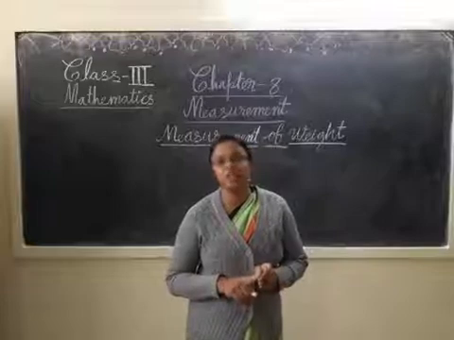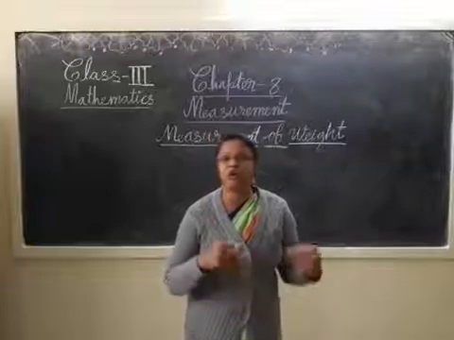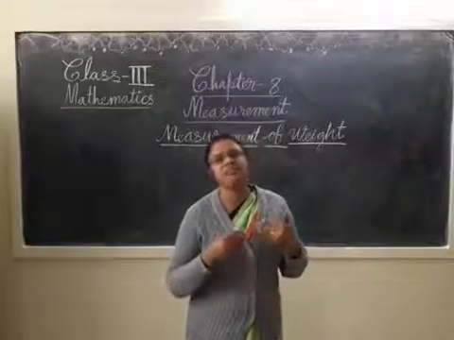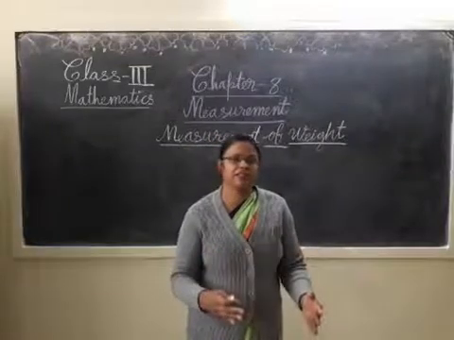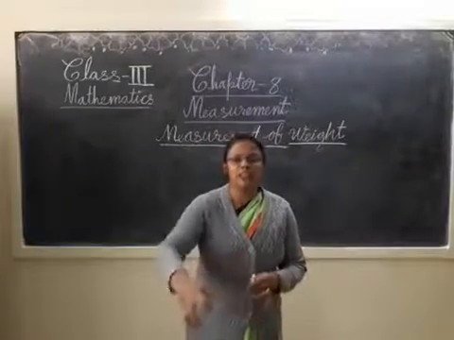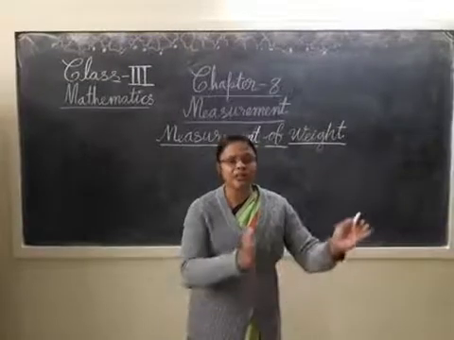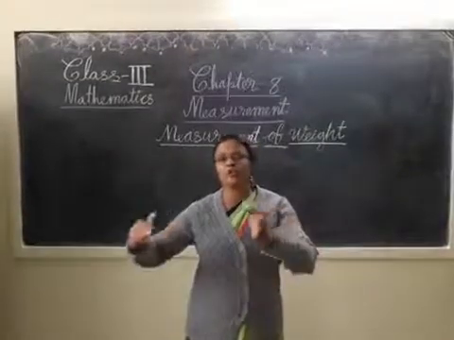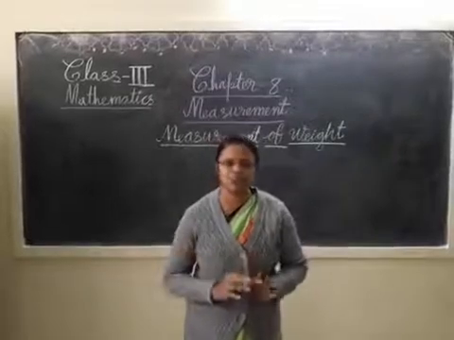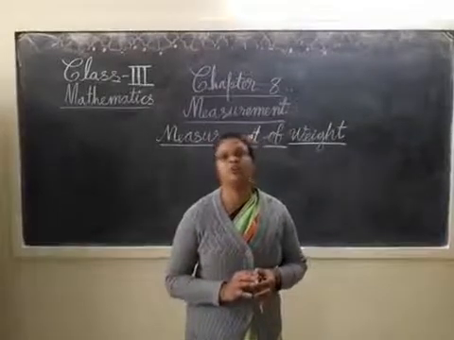It is known as known weight. Unknown weight means the things we are asking for. When they pick it up, they don't know how much it is. So what do they do? They keep the known weight to measure the thing. That is called measurement of weight.